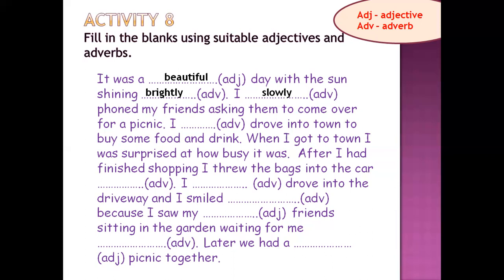Next, I blank drove into town to buy some food and drink. Here also you have to use another adverb. I have used happily because I'm going to join my friends for a picnic. So I am so happy. So I happily drove into town to buy some food and drink.